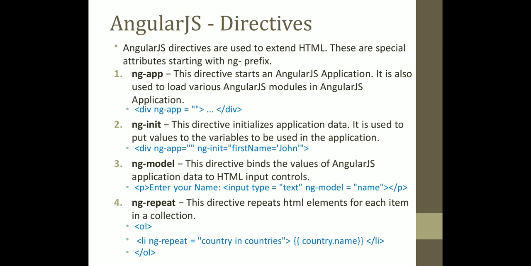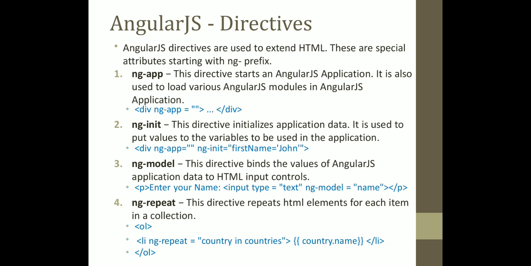Third is ng-model. The ng-model directive is used to bind the AngularJS application data values with the input controls of HTML. How it can bind with the HTML input controls, we can see.